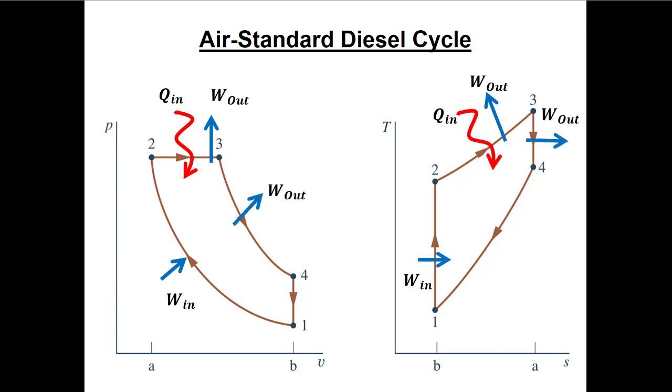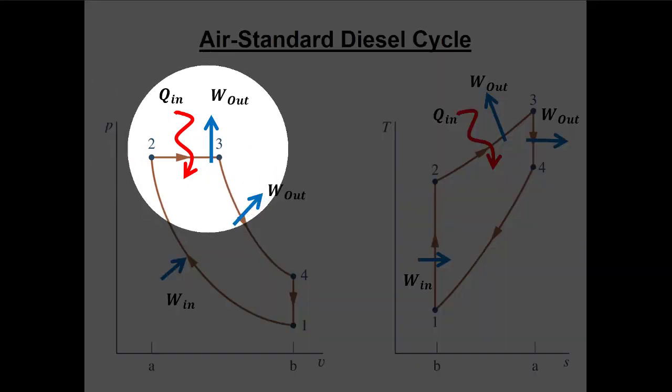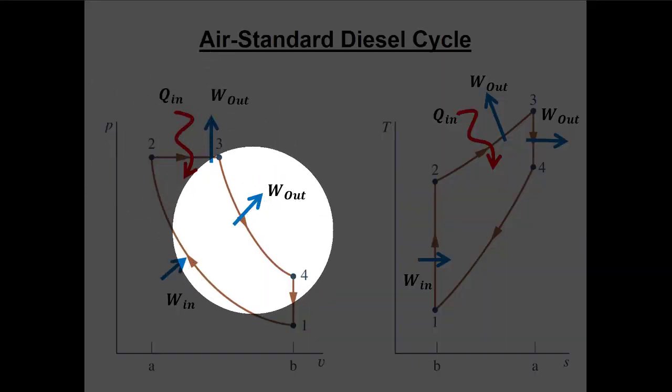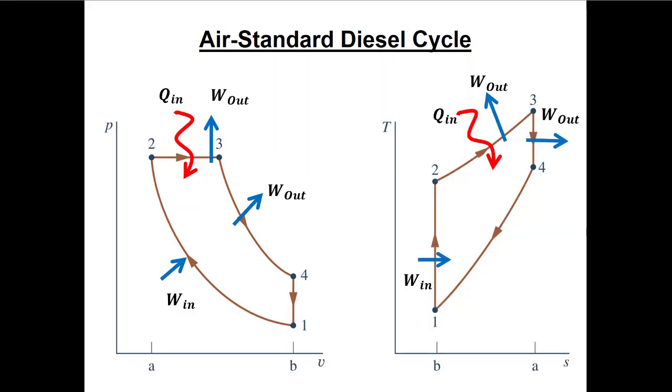Then I'll transition from state 3 to 4. This process is the power stroke, although now for a diesel cycle, we'll talk about having a 2-stage power stroke because we get some power out while we're adding heat and some out here in this purely power stroke. Finally, we'll have heat rejection as we move from state 4 back to our initial state, state 1.